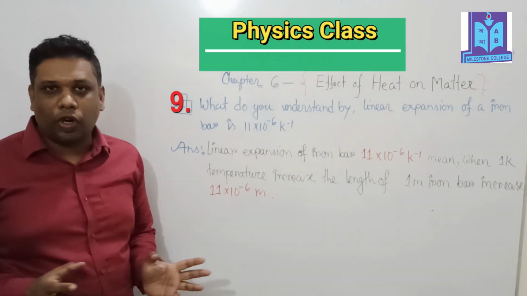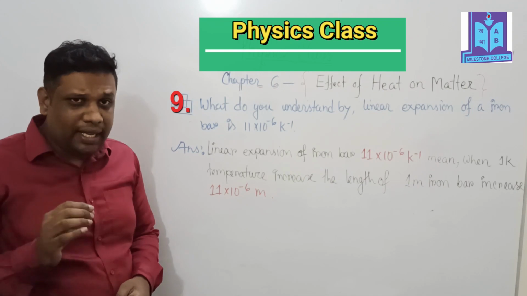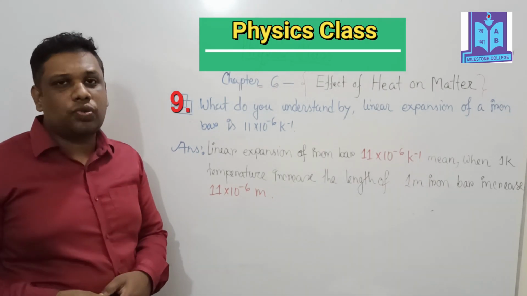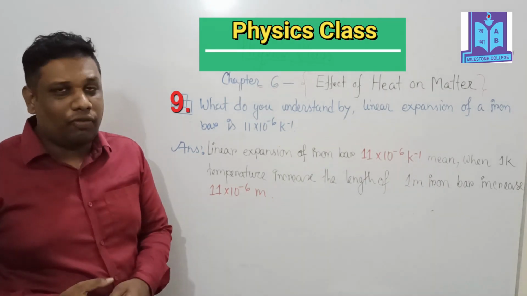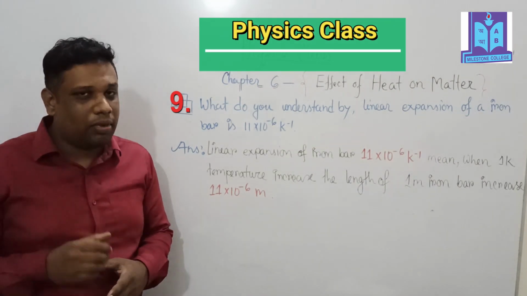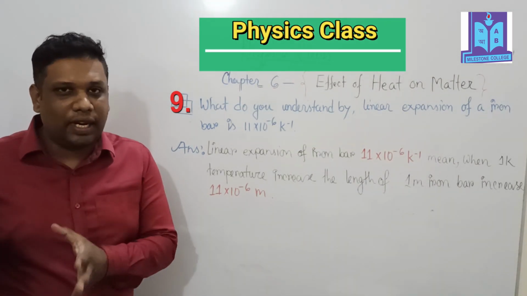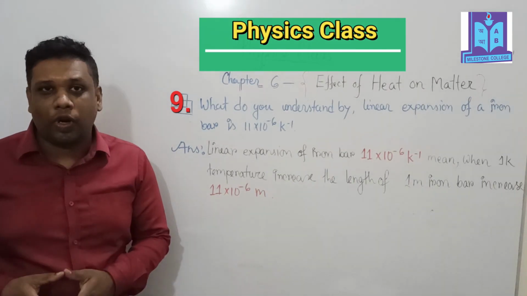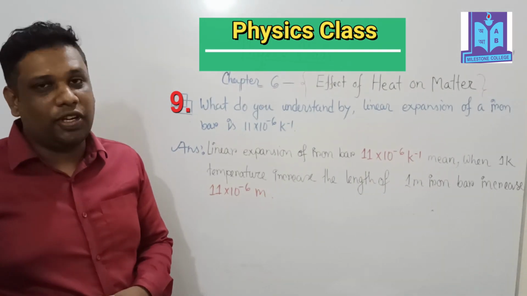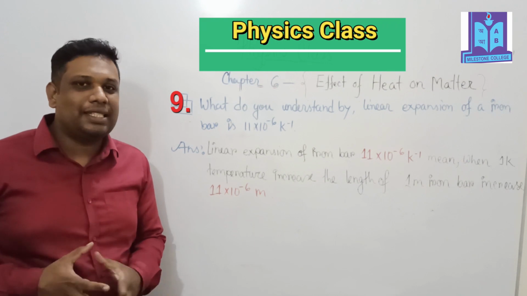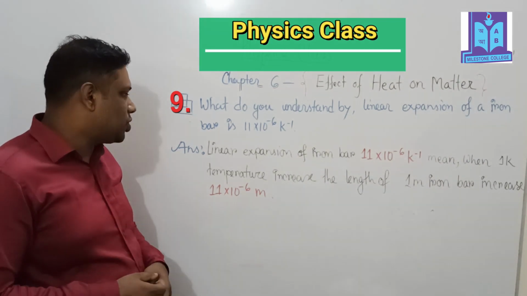Okay, my dear students. So it means if you increase the temperature by 1 Kelvin for a 1 meter length iron bar, it will increase by 11 into 10 to the power minus 6 meter. So this is the answer to this question.